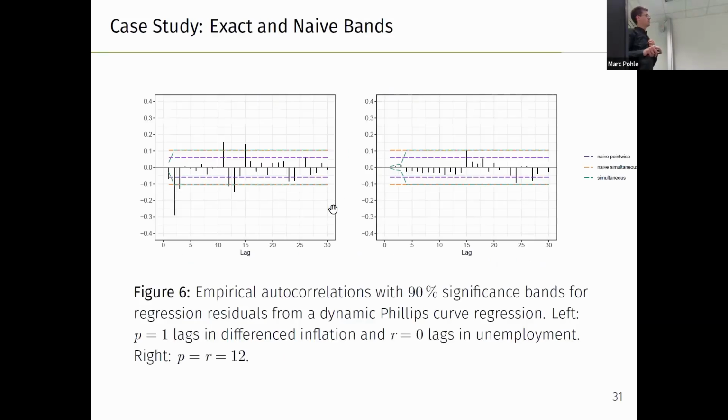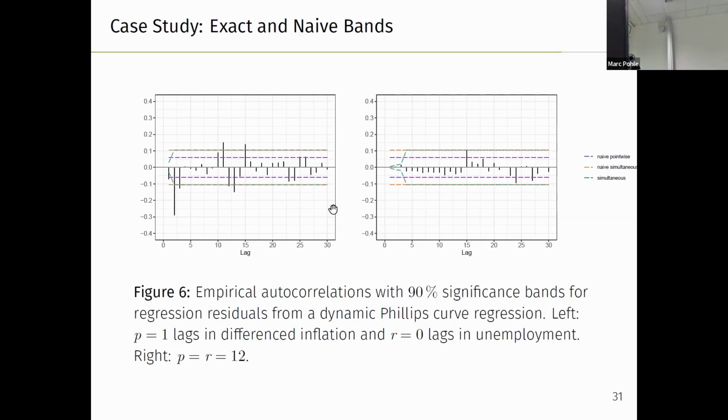Now we can look at the dynamic regression case, and the left plot is for the residual autocorrelations for 1 lag in differenced inflation and 0 lags in unemployment. The purple one is the pointwise band. The red one is the naive simultaneous band from the observed time series case, and the green one is the corrected one.